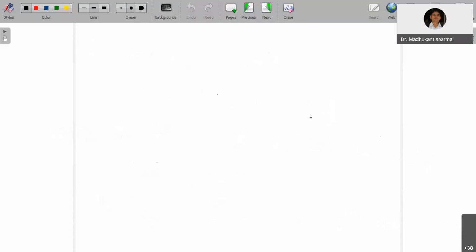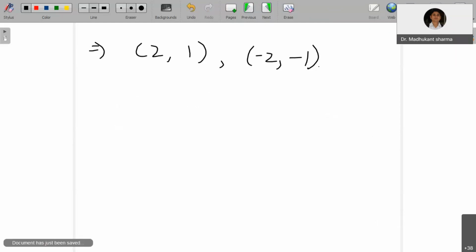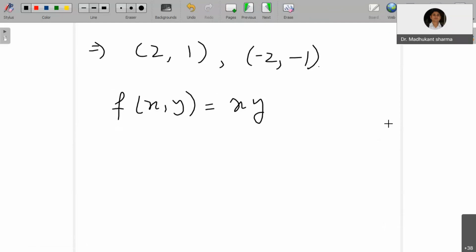So you have pairs of points: y equals 1, x equals 2, and y equals minus 1, x equals minus 2. So two pairs of points where it will have the maximum or minimum, and it is easy now to identify the maximum or minimum values. F of x comma y equals x into y.